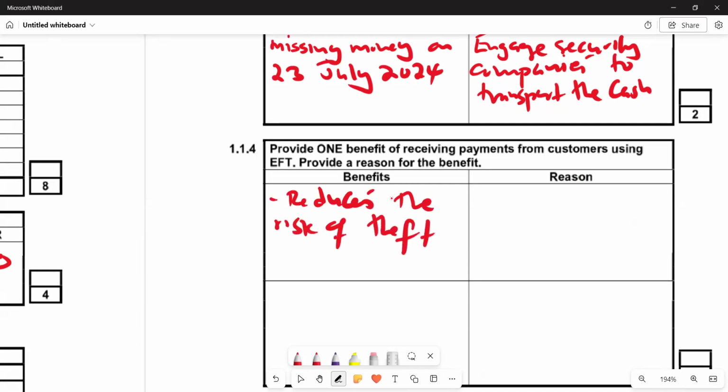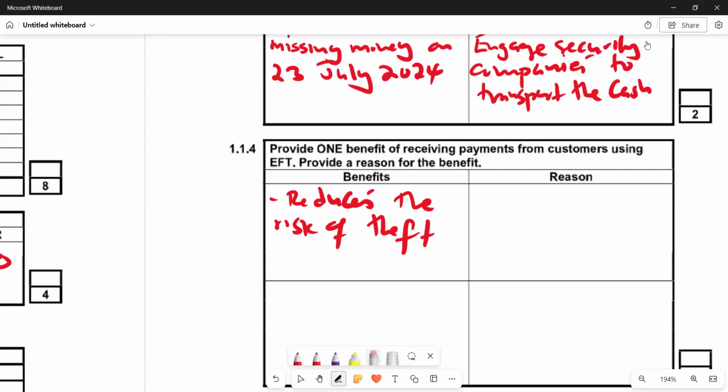And obviously, the question is saying provide a reason for why you are saying that. So you would see that reducing the risk of theft can come as a, we can put it in this column as a reason. And then obviously benefit, we can present it in the form of maybe enhancing security.